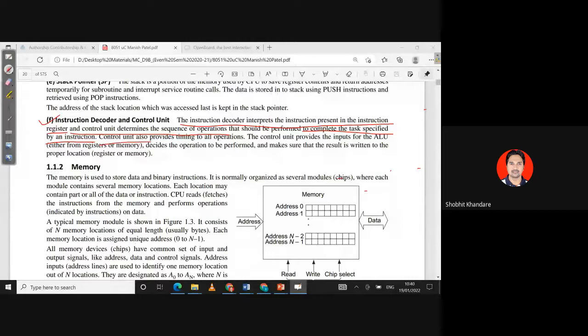The control unit also provides timing to all operations. The control unit provides the inputs for the ALU either from register or memory, decides the operation to be performed, and makes sure that the result is written to the proper location, register or memory.